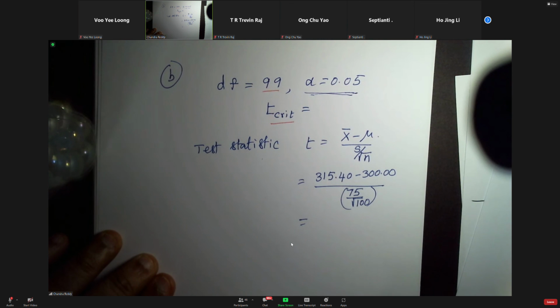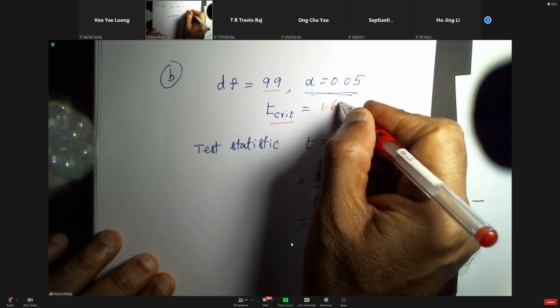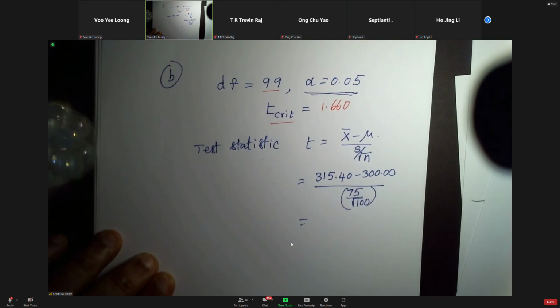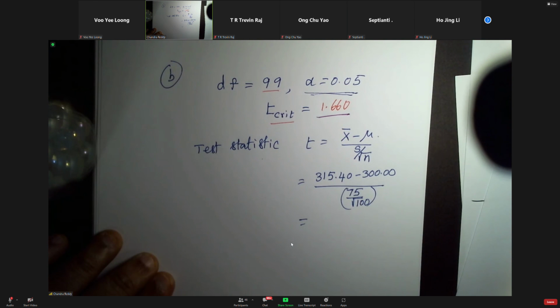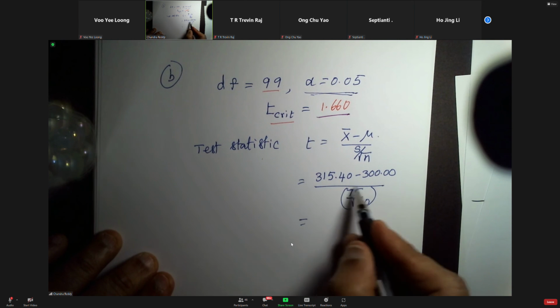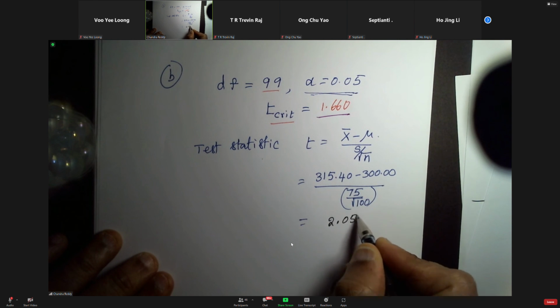Yes, Dennis is correct. So the value is 1.660. When you calculate, how much do you get? From this calculation, I think you will get 2.05.